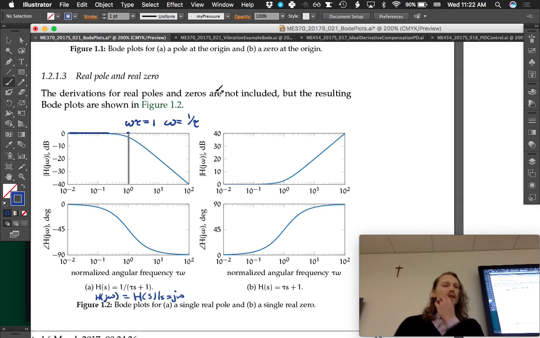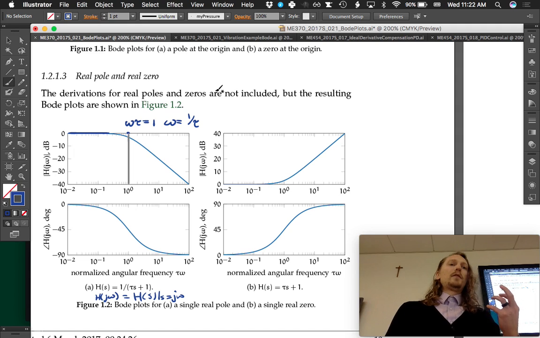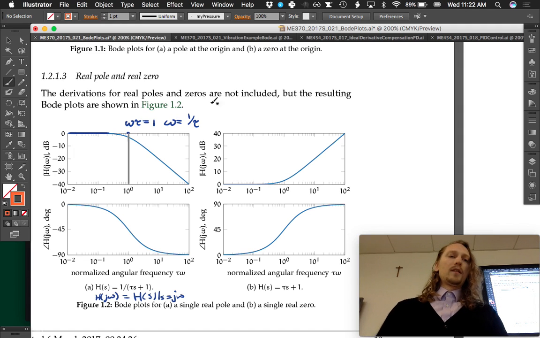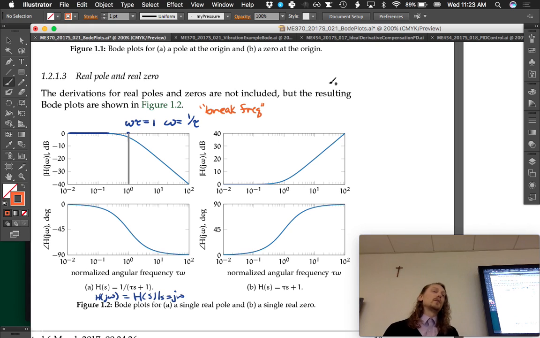And since this is a very important frequency for these real poles or zeros, we give it a name, and it's called the break frequency. Isn't it also called like a cutoff frequency? It is if you're thinking of it in terms of a filter.